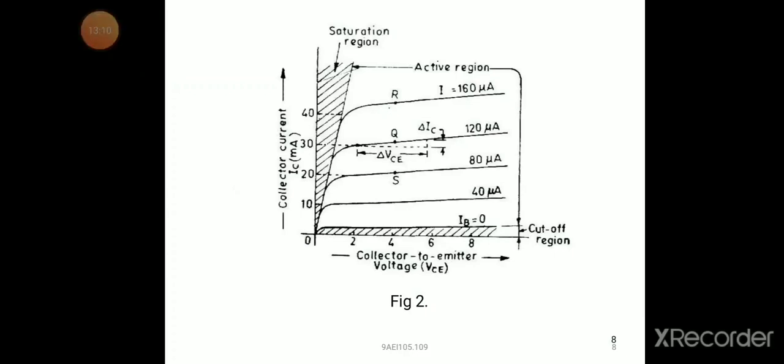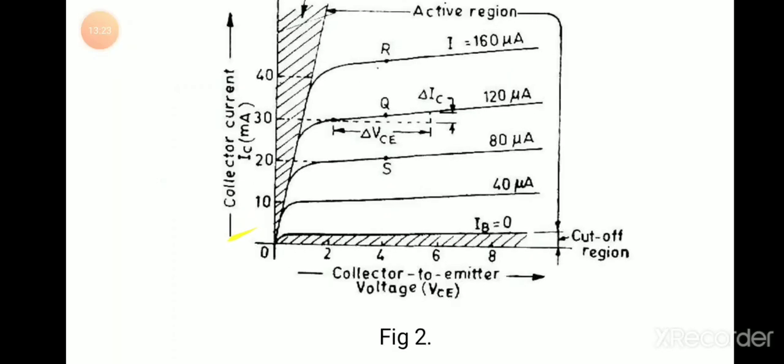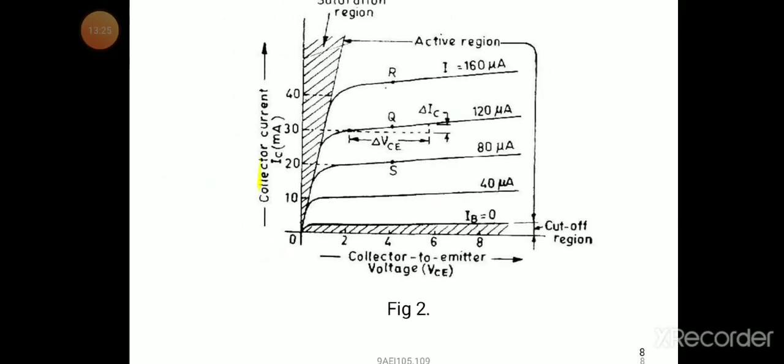Both the junctions are in reverse bias. That's why it is called the cutoff region.